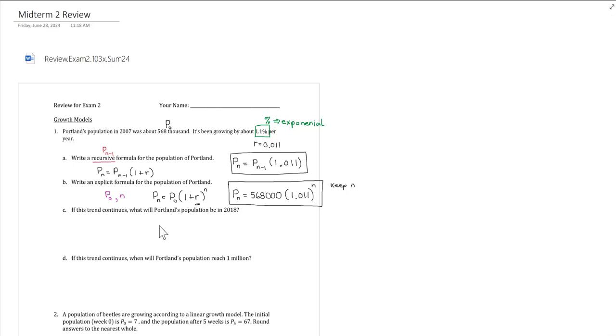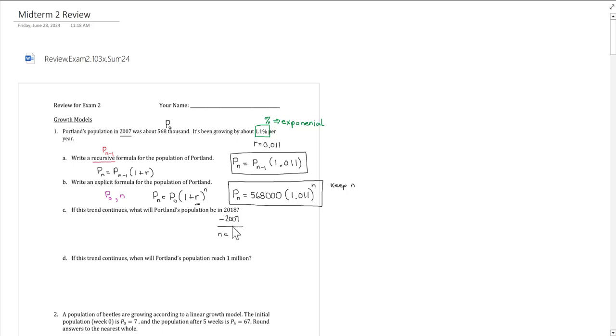Let's move on to part C. If this trend continues, what will Portland's population be in 2018? So since I started with a population back in 2007, I'm going to subtract the 2007 from 2018 to find out that my n, or the time that has passed, is 11 years.